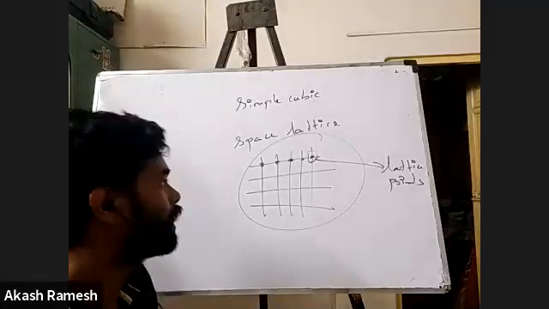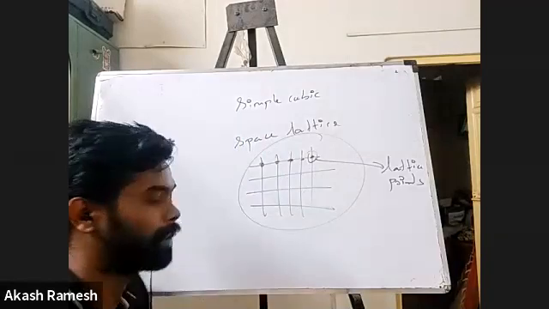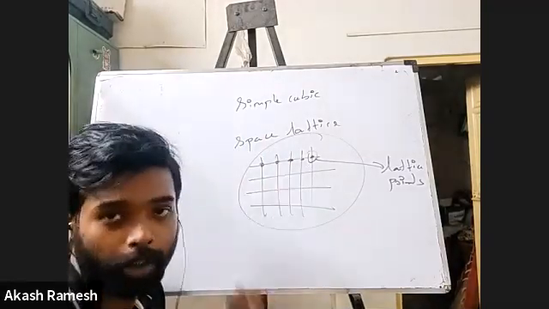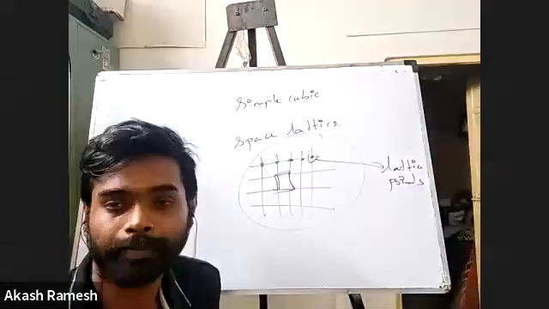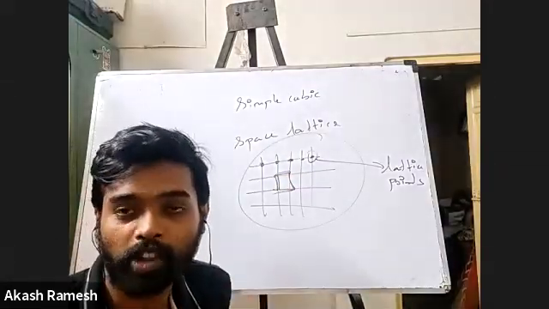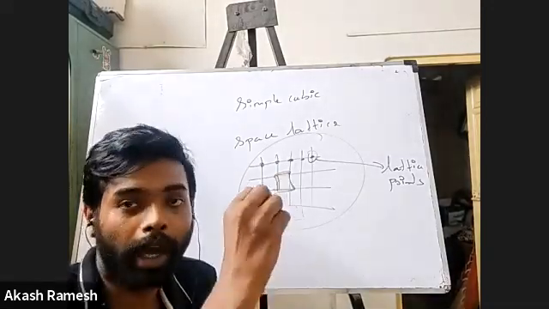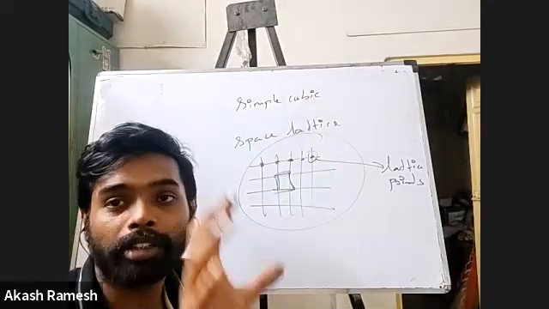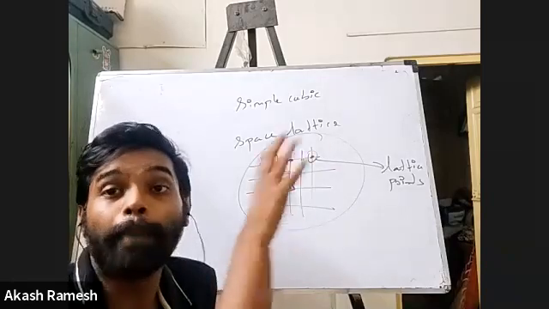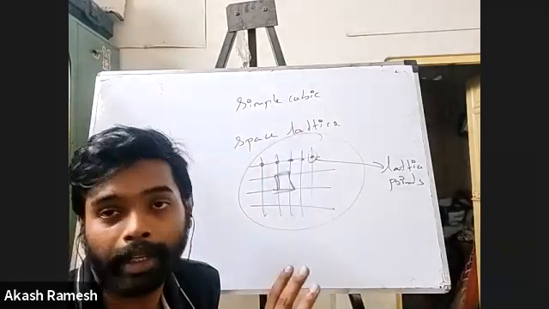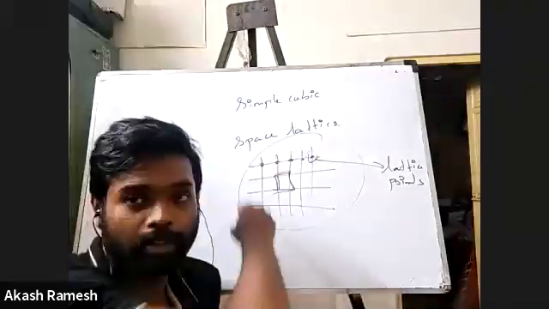Now what I'm going to do is take the smallest possible unit from this lattice. Say this is the smallest possible unit I am going to take. It should be in such a way that if I take it out and replicate it in all the 3 possible directions, x, y, z, I must be able to produce the entire space lattice.